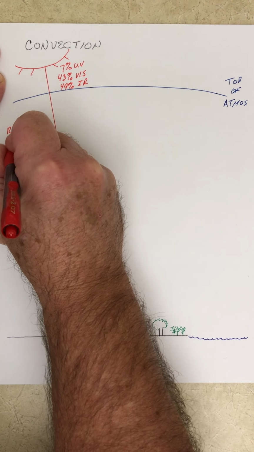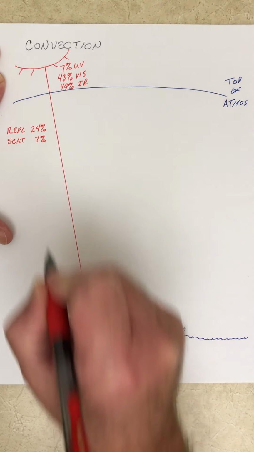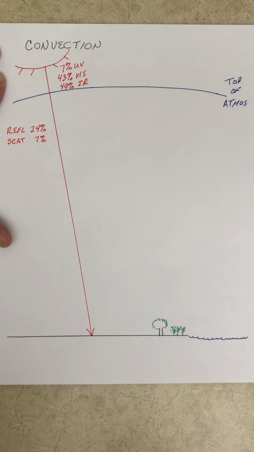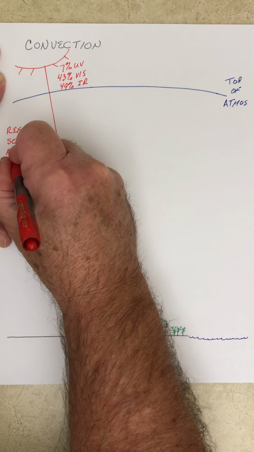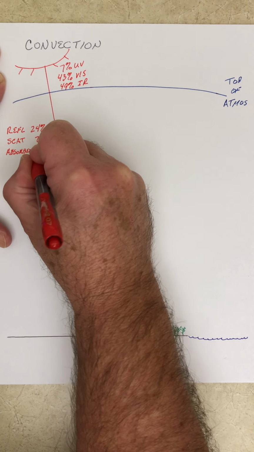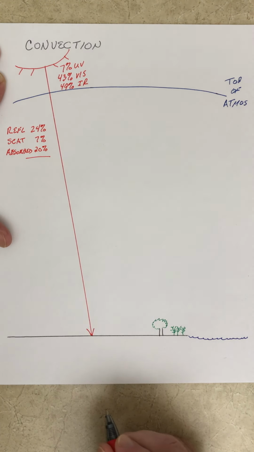It can be scattered, and 7% of incoming solar radiation on a global basis is scattered. It can be absorbed, and 20% of incoming solar radiation on a global basis is absorbed as it passes through the Earth's atmosphere.